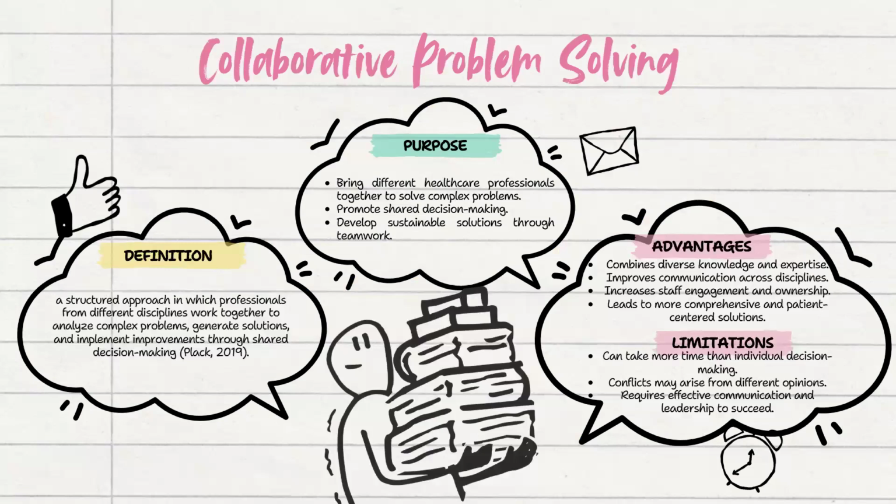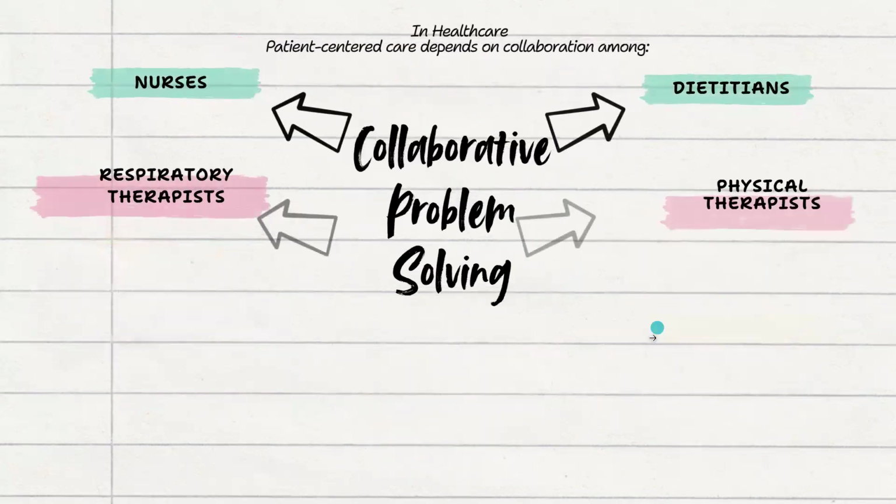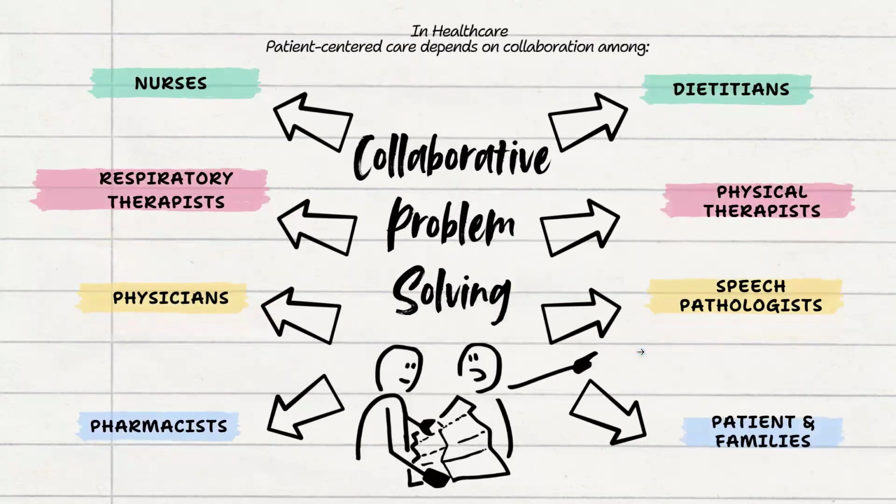Let's consider the care of a patient with a complex neurological condition. The physician evaluates medical stability and coordinates the overall treatment plan. The rad tech performs diagnostic imaging that supports clinical decision making. The respiratory therapist supports the respiration of the patient. The nurses continuously assess the patient's condition and coordinate ongoing care.